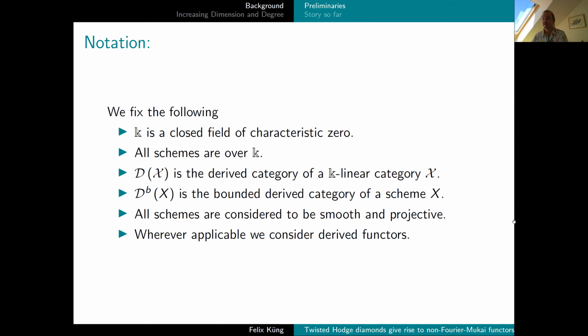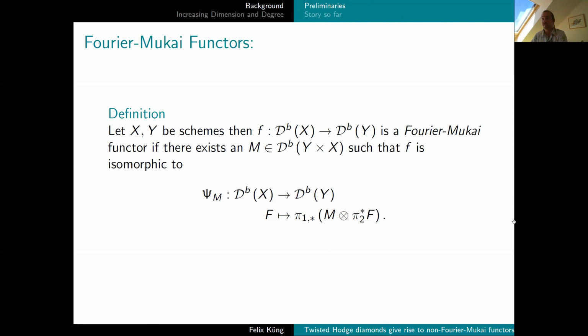So if we have two schemes, and a functor between the bounded derived categories of these schemes, then we call the functor Fourier-Mukai if we have, in the derived category of the product, an object such that our F is the same as pulling back along one projection, tensoring with the object in the product, and then pushing down again.